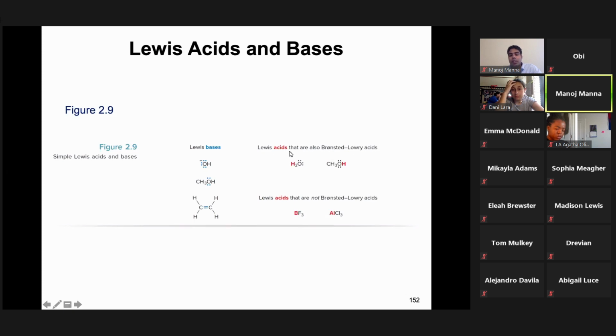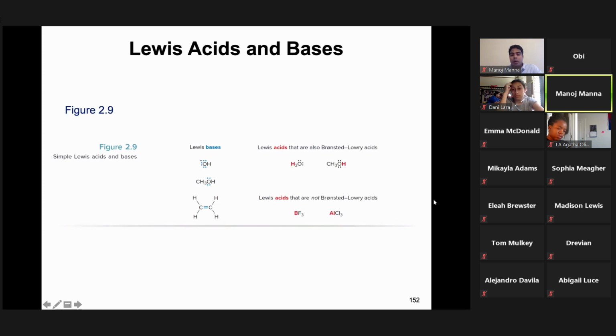Now Lewis acid. Some are also Bronsted-Lowry acids. H2O can give H plus, that's why it's an acid, and CH3OH also gives H plus. So water and methanol can both be acid or base. And for example, BF3 and AlCl3 are both Lewis acids, because they can accept a lone pair of electrons because of a vacant p orbital.